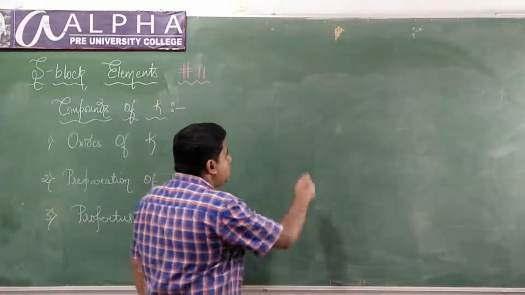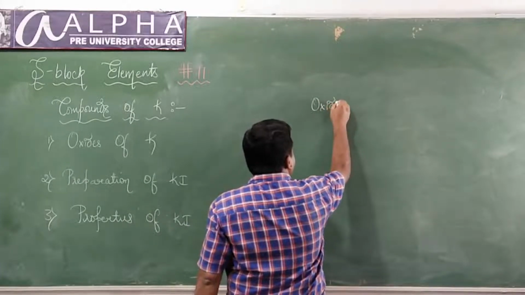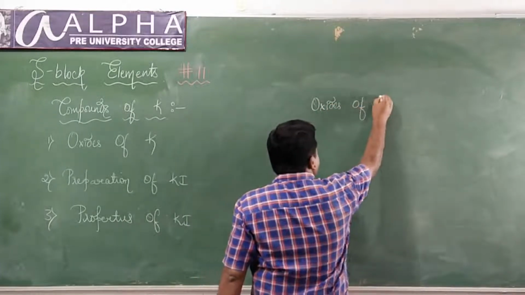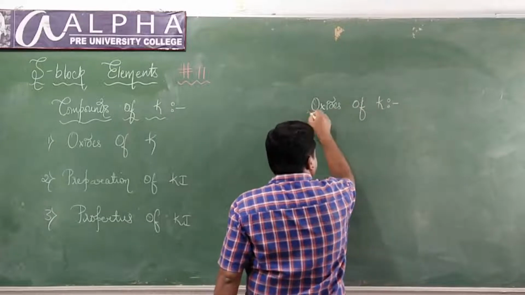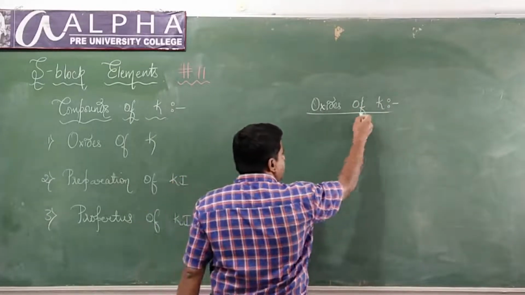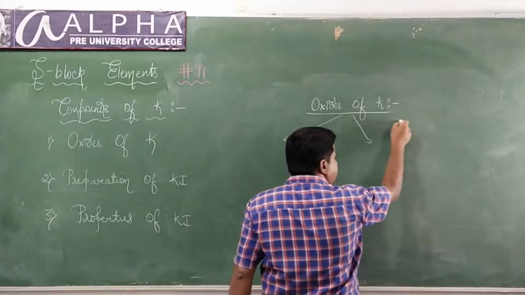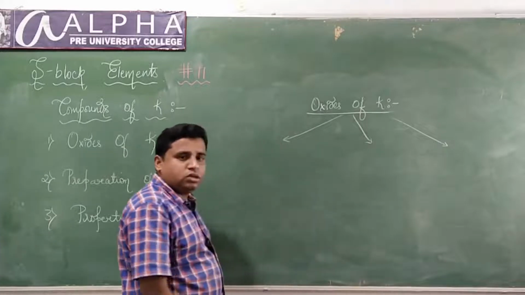Now coming on to oxides of potassium. Look here. Potassium will form three types of oxides. What are those three types?